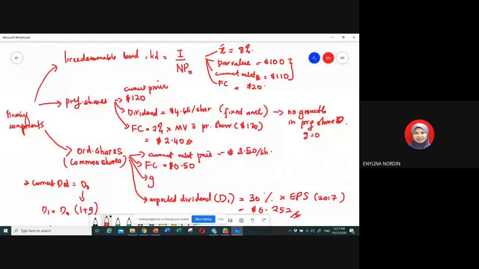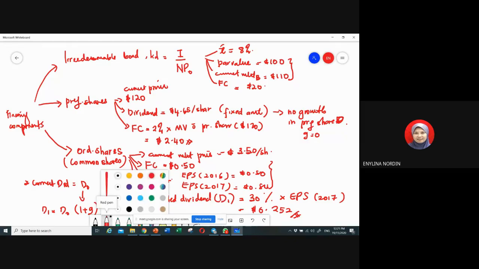Okay, what about g? g is not yet given in the question, but the question gives you the EPS for year 2016 as 80 cent and the EPS for year 2017 as 84 cent. Using this information, we can calculate g.